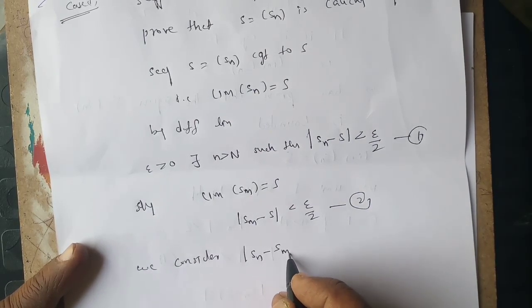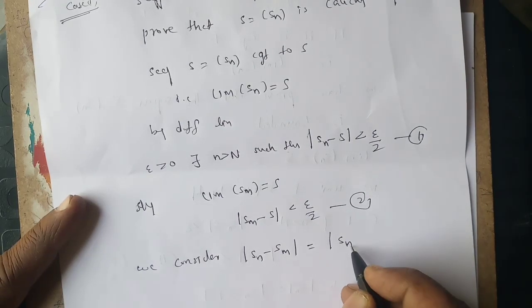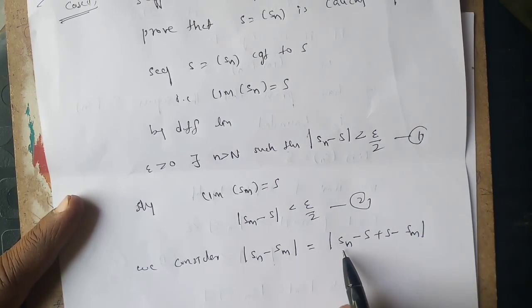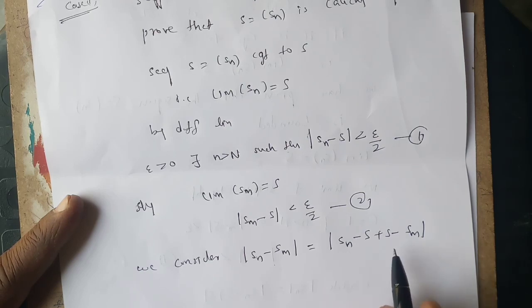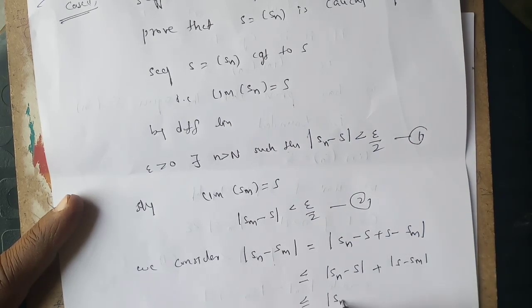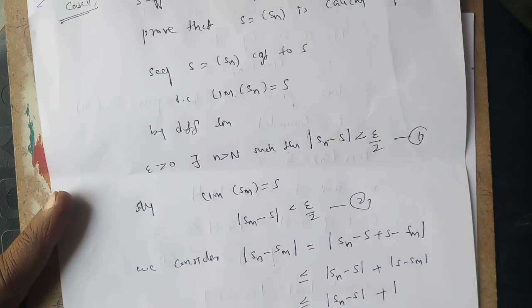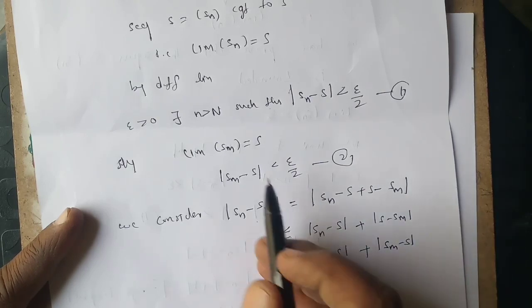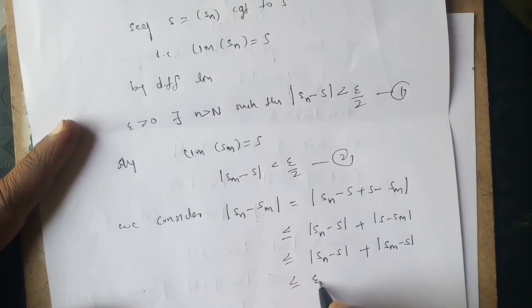Let us consider mod Sn minus Sm equal to mod Sn minus S plus S minus Sm. This form is written as usual by adding and subtracting S, the positive and negative cancel, and we get Sn minus Sm. So it is less than or equal to mod Sn minus S plus mod S minus Sm; the sign inside the mod makes no change, that's why mod Sm minus S. So mod Sn minus S is less than epsilon by 2, and this is epsilon by 2.